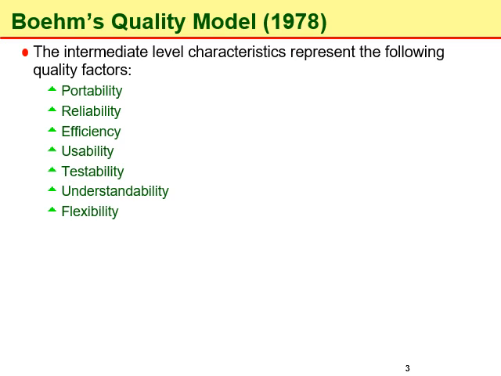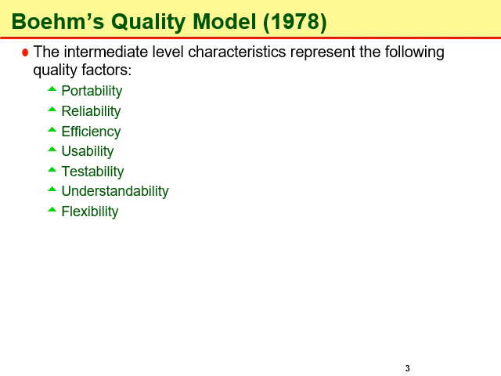Then reliability, that is, the code possesses the characteristic reliability to the extent that it can be expected to perform its intended functions satisfactorily. Then efficiency, that is, the code possesses the characteristic efficiency to the extent that it fulfills its purpose without waste of resources.